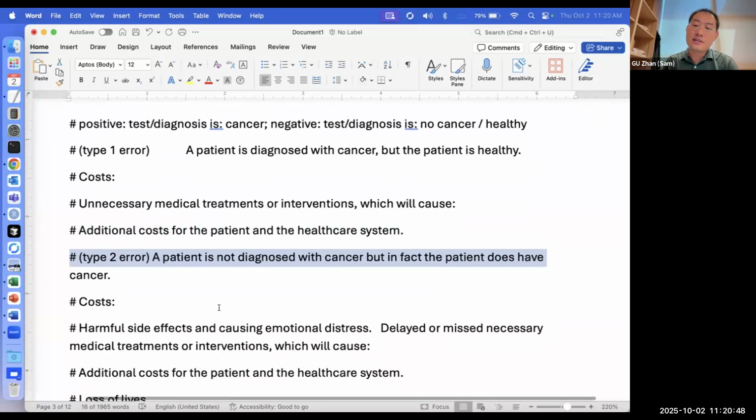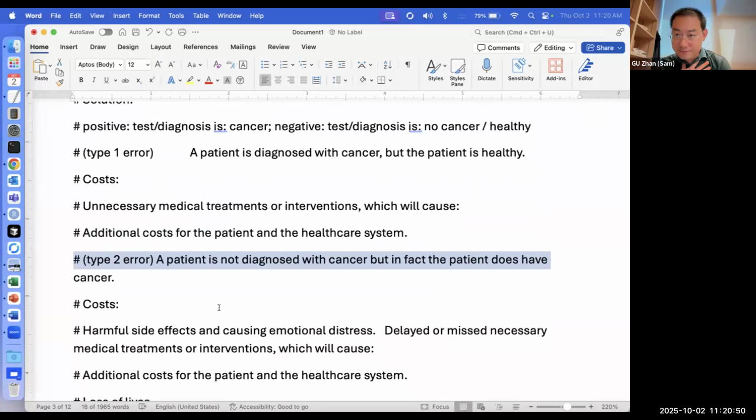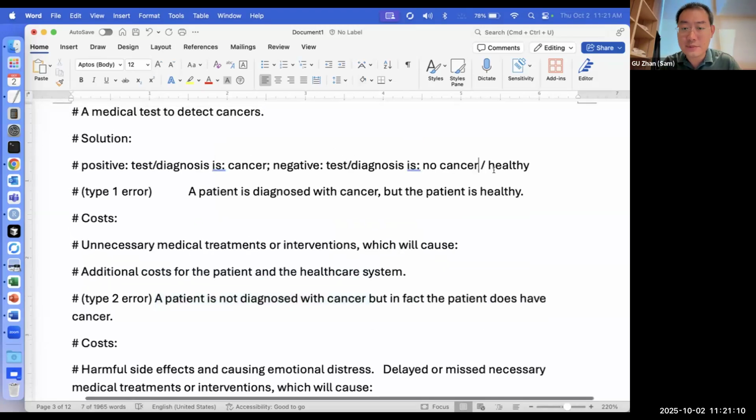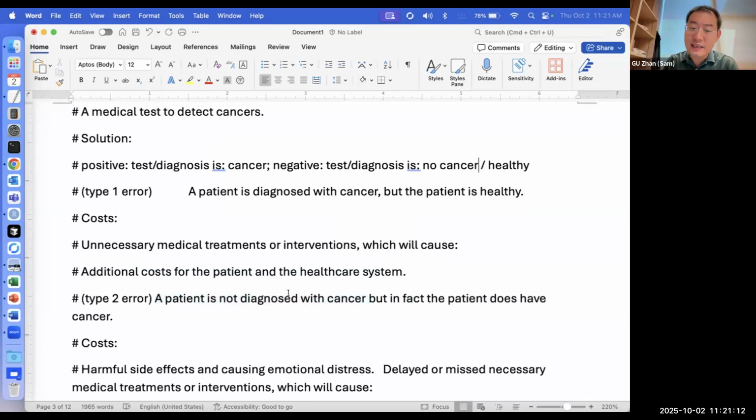Type 2 error: the patient in fact has cancer, but the blood test shows no cancer indicators. Again, this is a mistake, called a false negative. The test result is negative, meaning healthy, but again this is wrong.